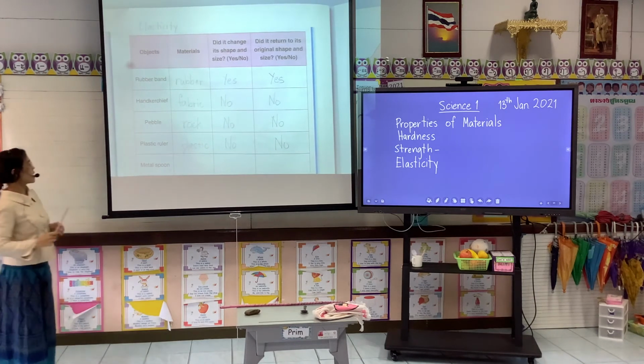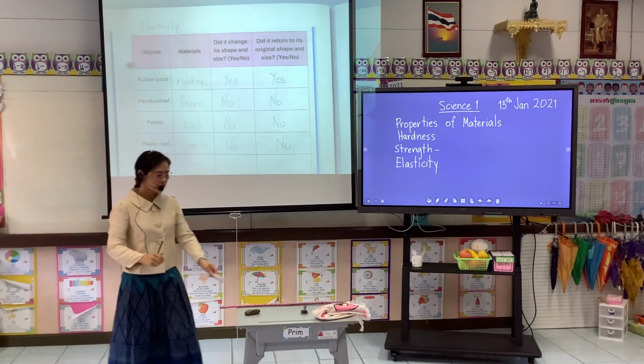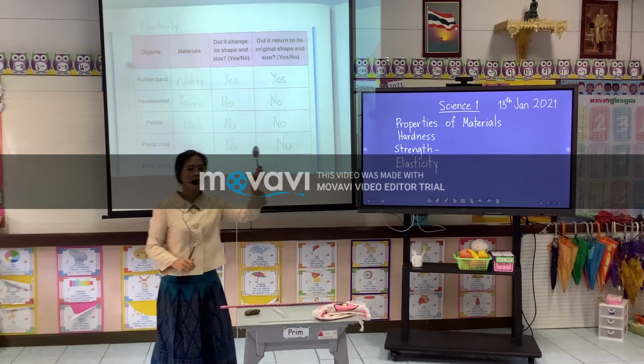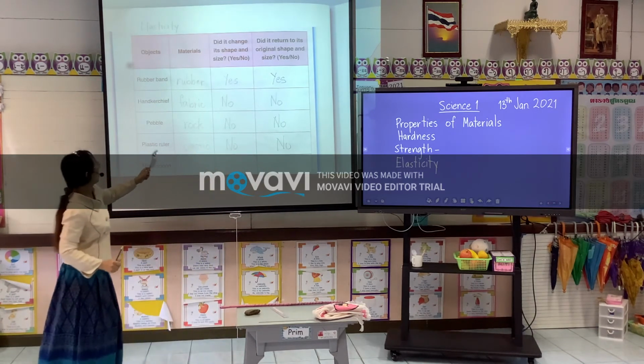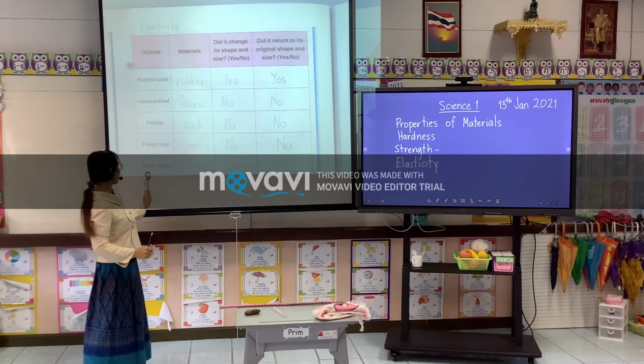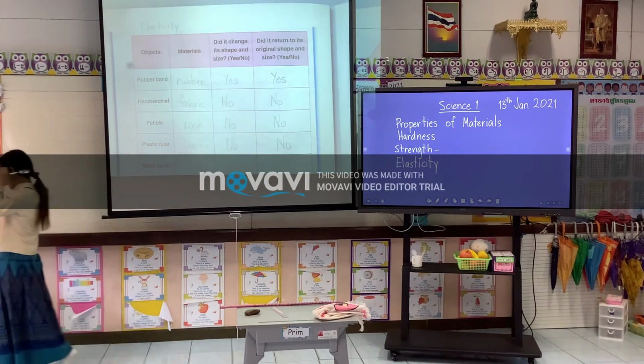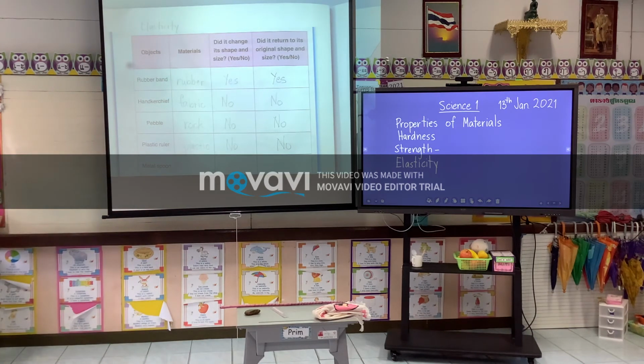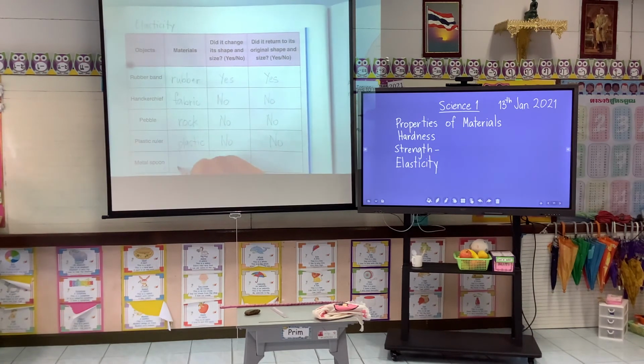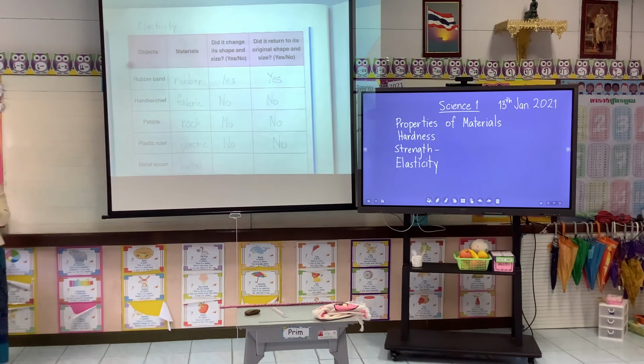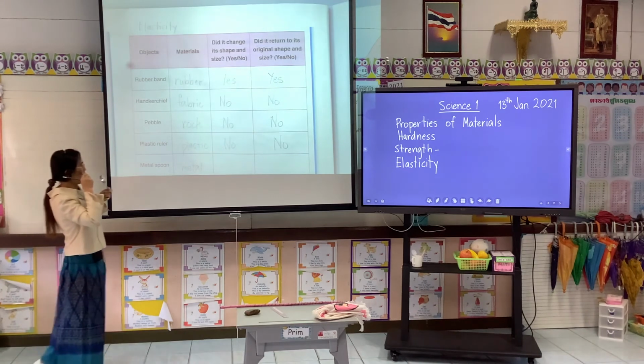And the last one, the metal spoon. What material is it made of? Of course, it's metal. M-E-T-A-L. It is made of metal.